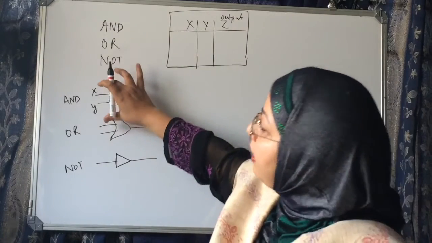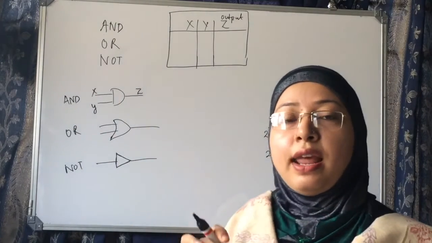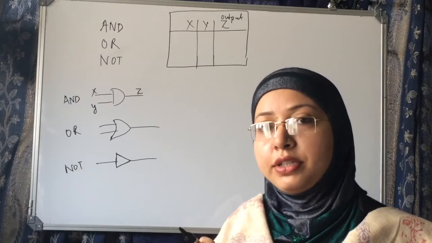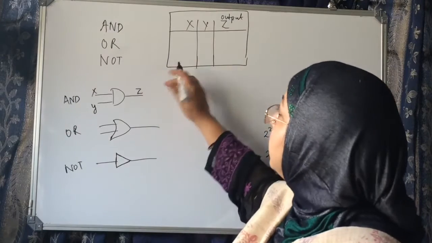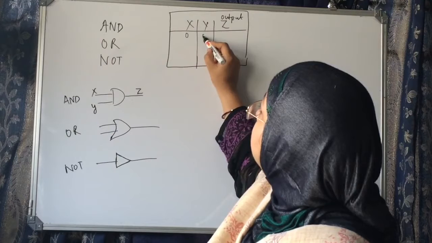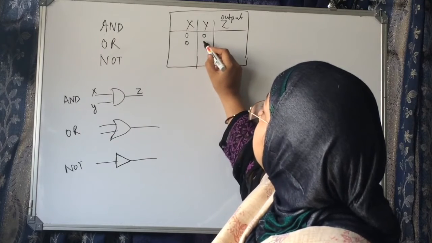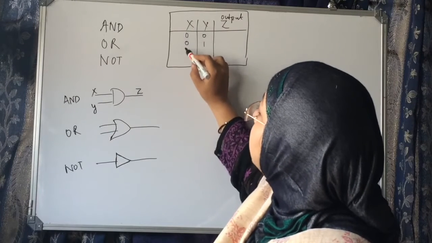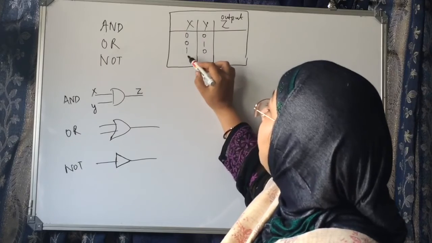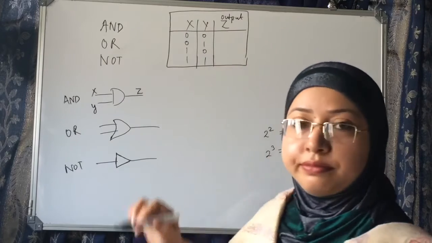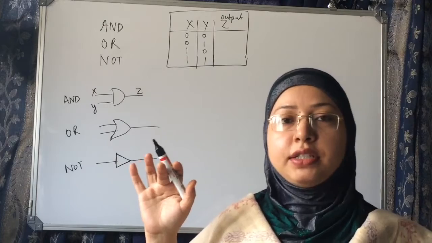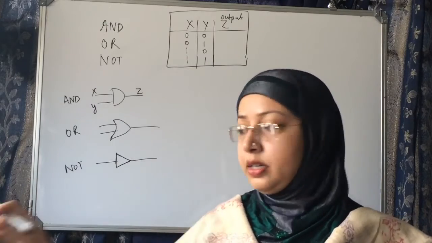Since here we are having only 2 inputs, we will have 4 combinations of input. What are the combinations? Both can be 0, one can be 0 and the other can be 1, the first one can be 1 and the other one can be 0, or both can be 1. These are the 4 combinations possible. Okay?